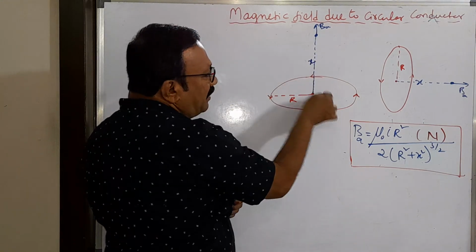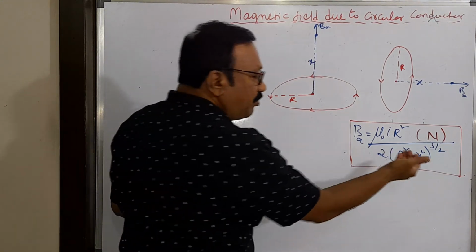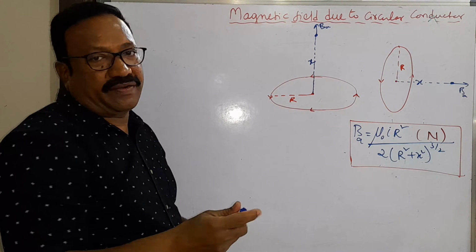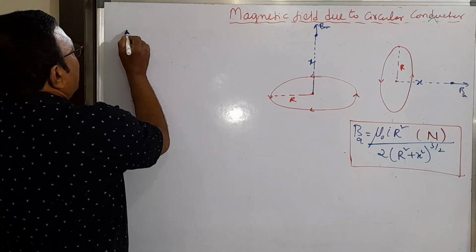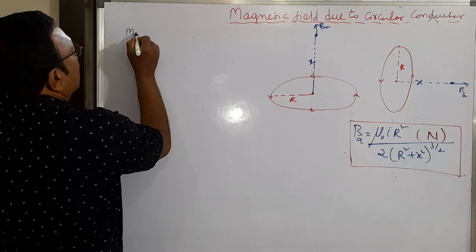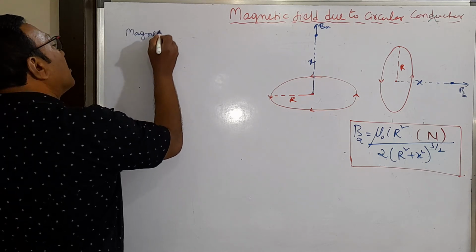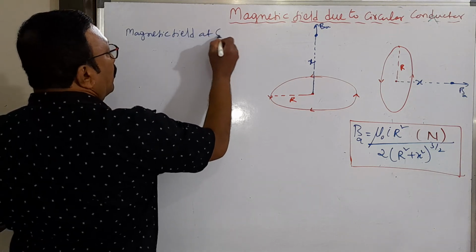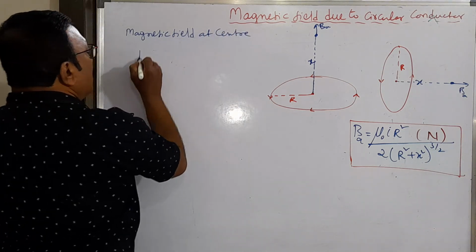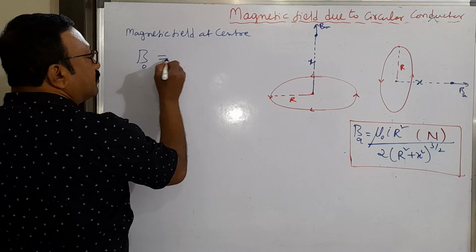So what I was telling you, I want the magnetic field at the center. If you want to come to the center, you have to put x is equal to 0. Then you will get the magnetic field at the center of the circular conductor. Let it be B naught.